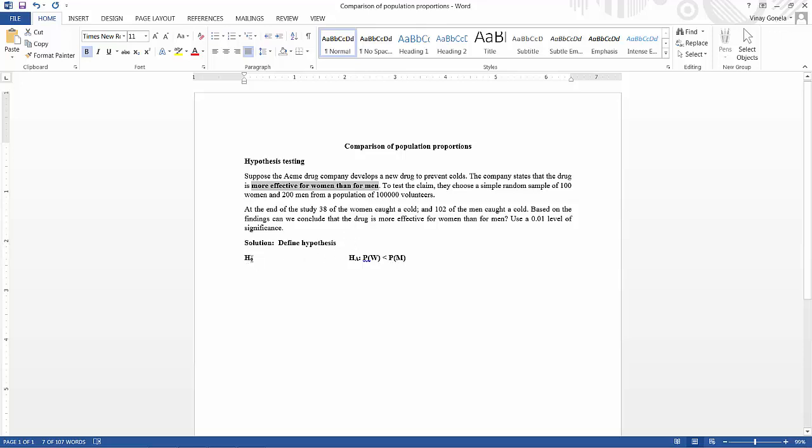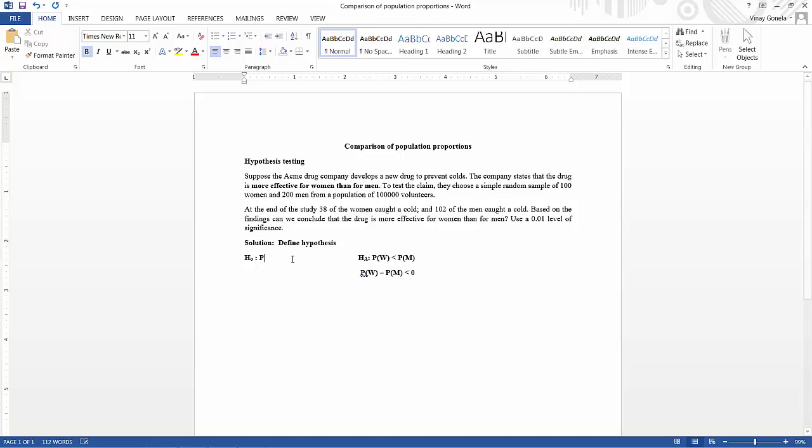So this alternative hypothesis, I can also write as a difference: the proportion of women having cold minus the proportion of men having cold should be less than 0. Now I can write the null hypothesis, which is the opposite of the alternative.